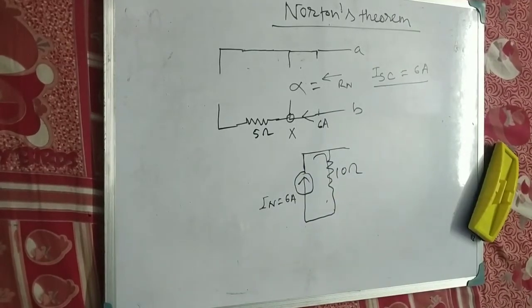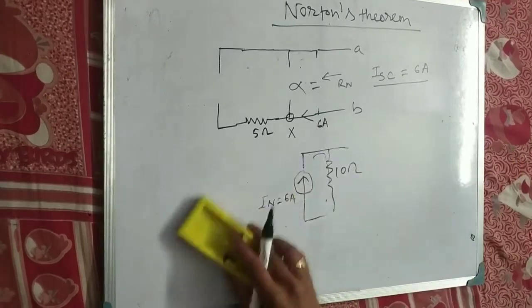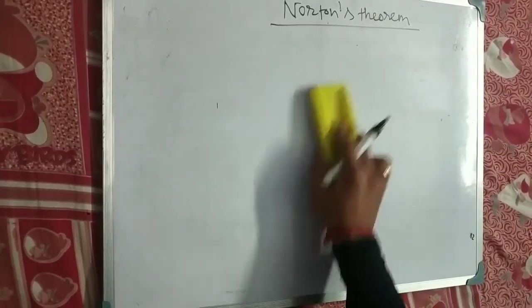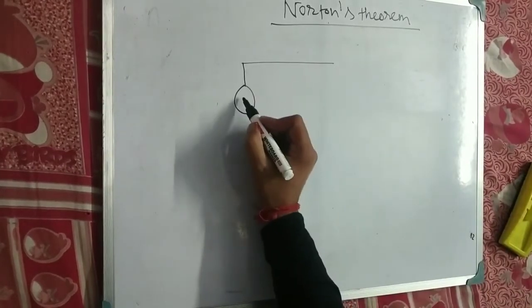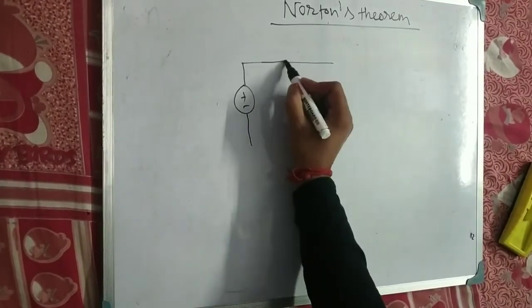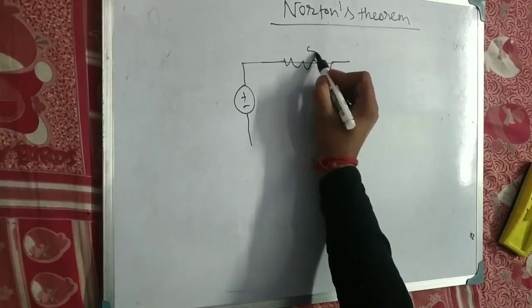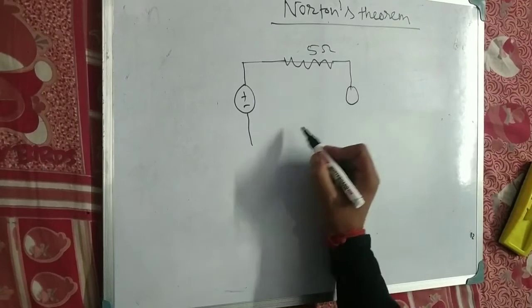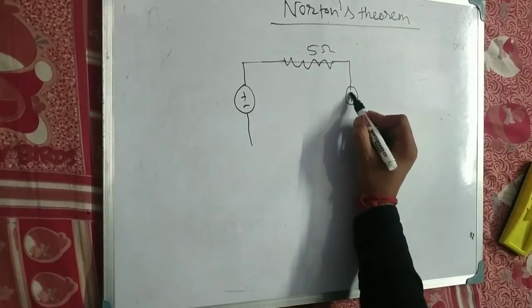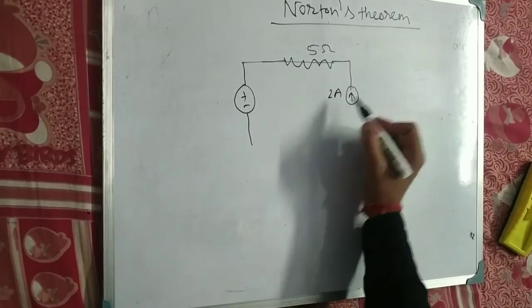Okay, let's try another problem. Suppose here is a plus minus 10 volt source, a 5 ohm resistance, and a 2 ampere current source.